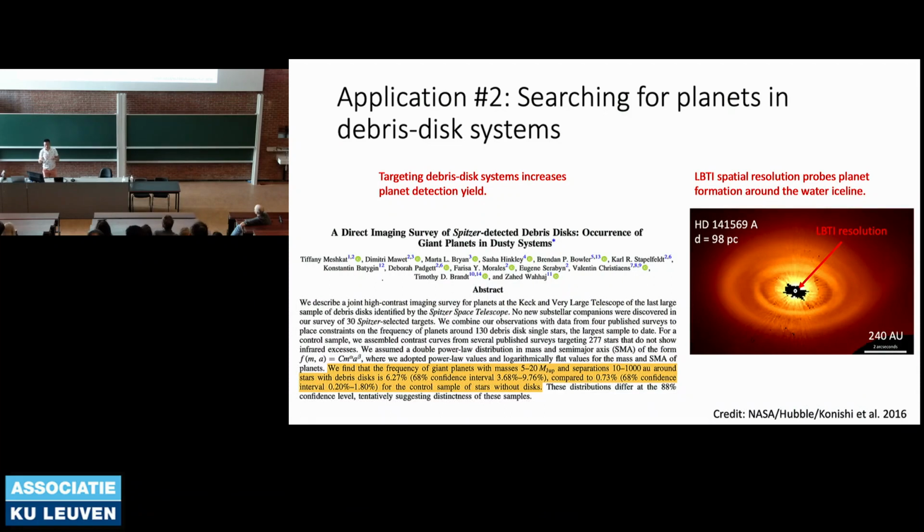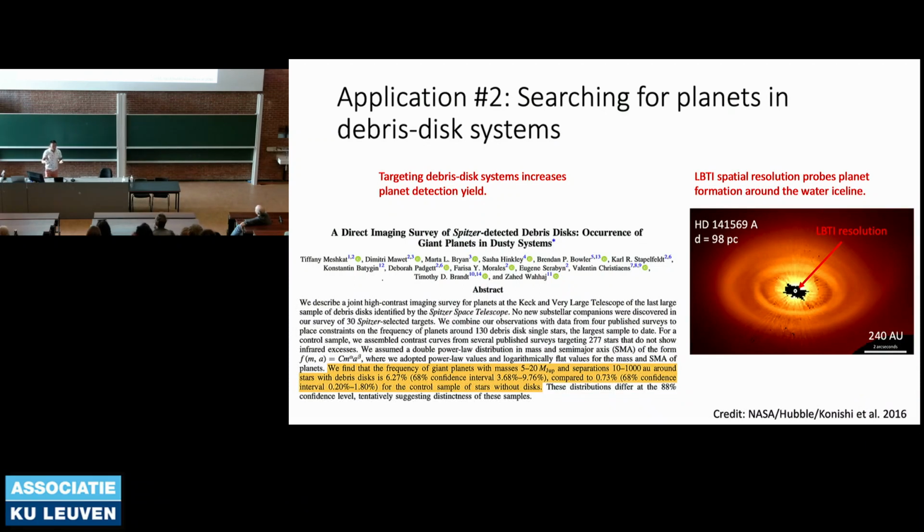So here I just show you an image to give you some idea of how challenging it is to directly search for planets in debris disk systems. All those annular structures are the Hubble images of a debris disk system, right?